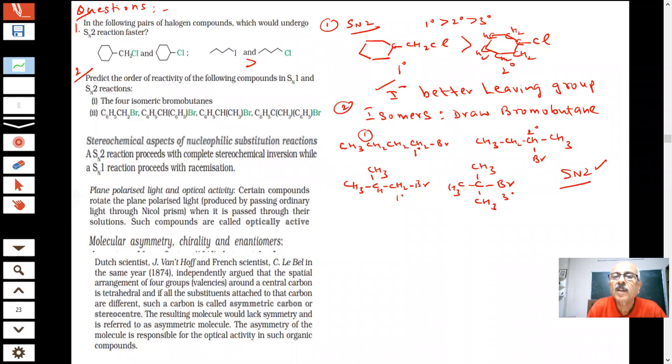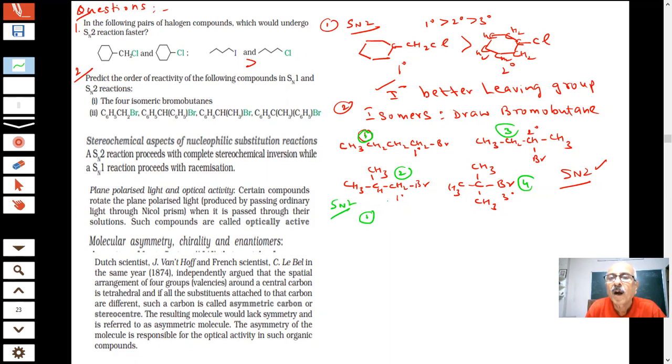If I number this as 1, this as 2, this as 3, and this as 4, then SN2 favors 1 degree, which is this one. Number 1 is the fastest in SN2.